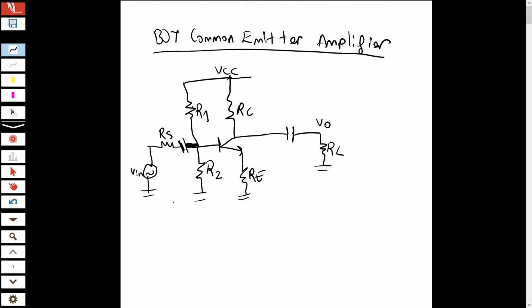I mean, for DC analysis, capacitors are open circuited. Open circuit means there is no current passing through. Current equals 0. There will be no current passing through this side, and there will be no current passing through this side at DC analysis.